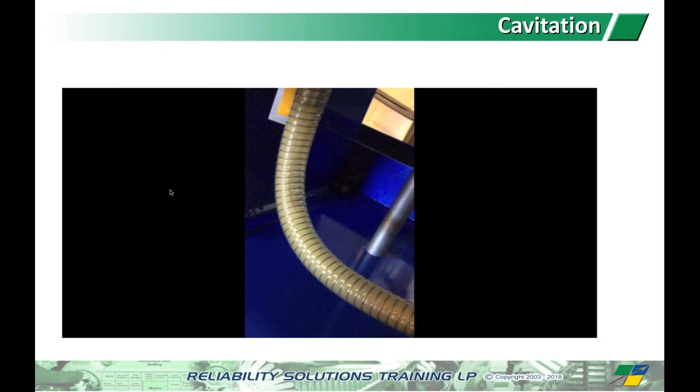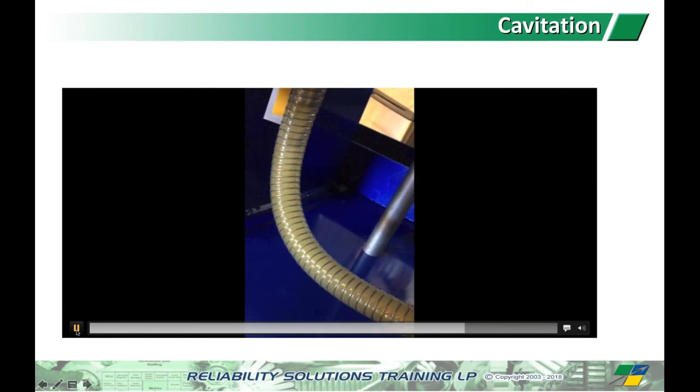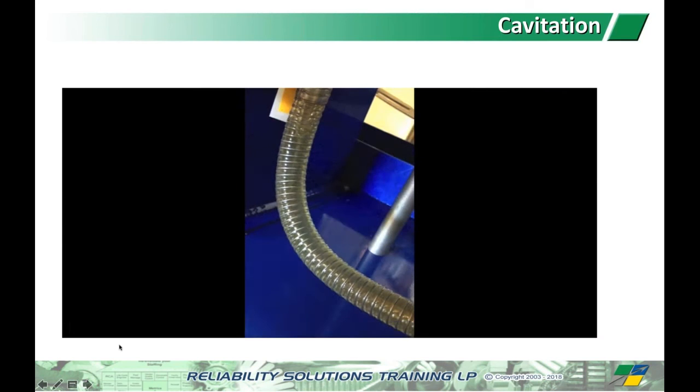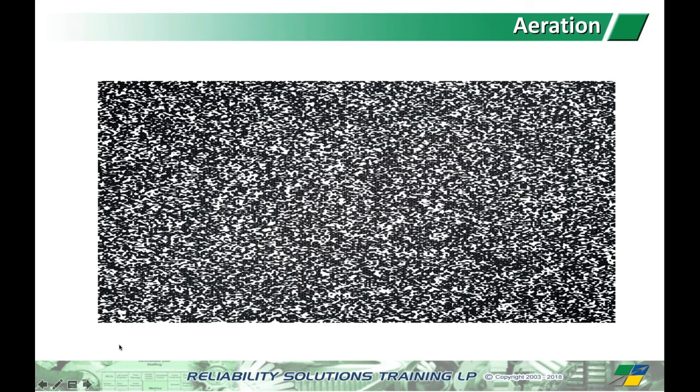It's pretty loud. However, if it's in a noisy part of the plant, you may not hear it directly. Again, that was taken off the inlet tube or the suction tube to the pump. You can definitely hear the crackling and the hissing there. Aeration sounds a little similar, but a little more crackly.